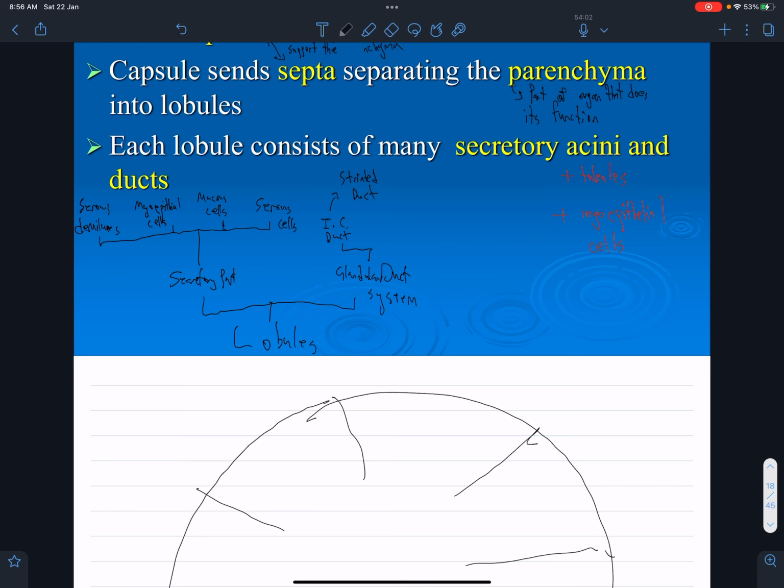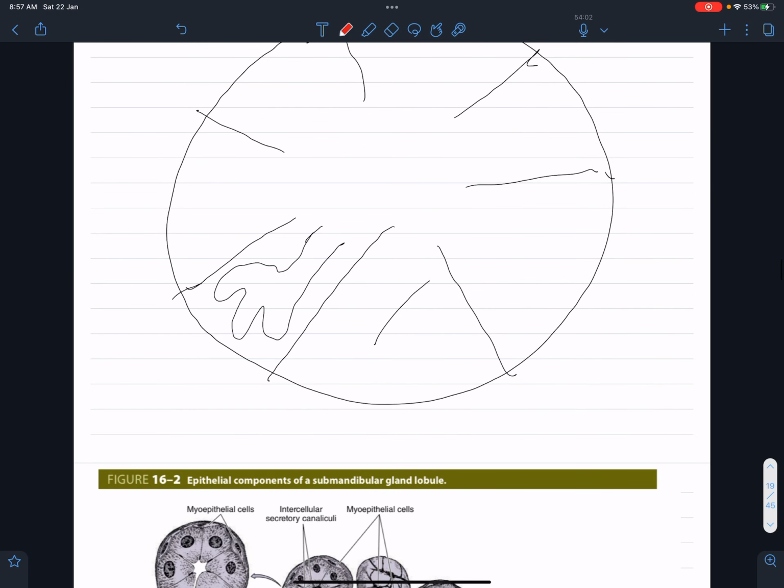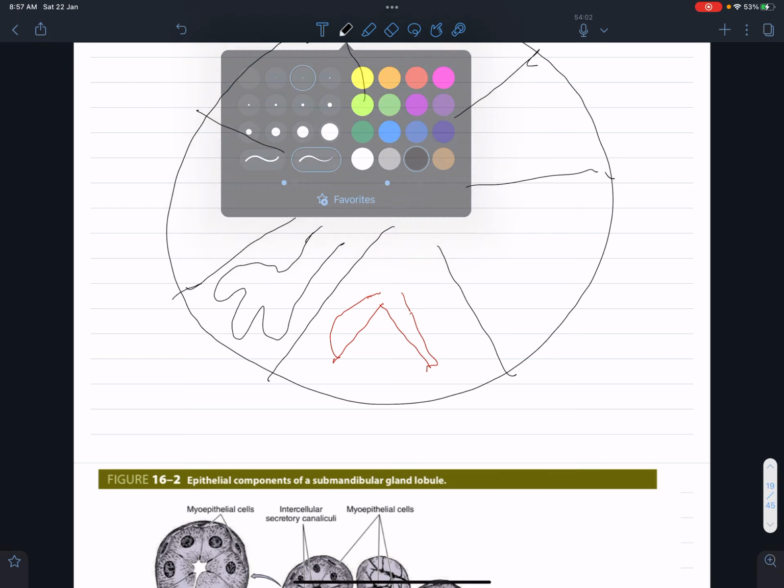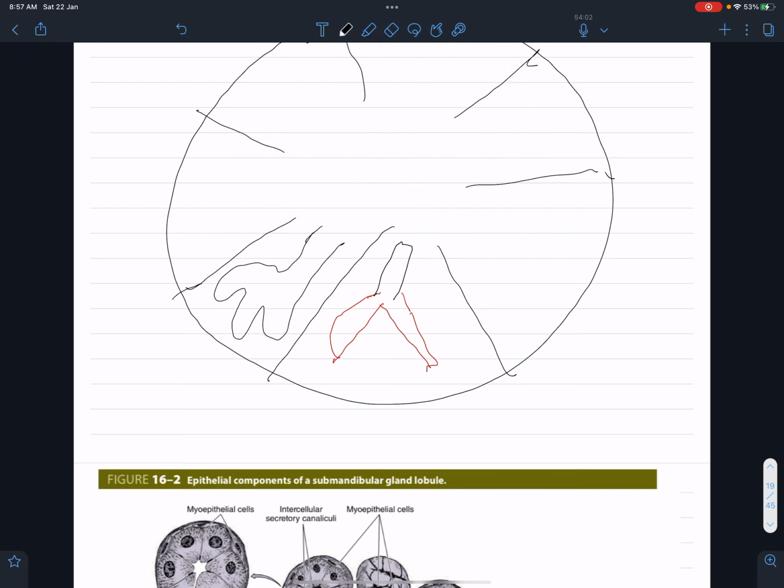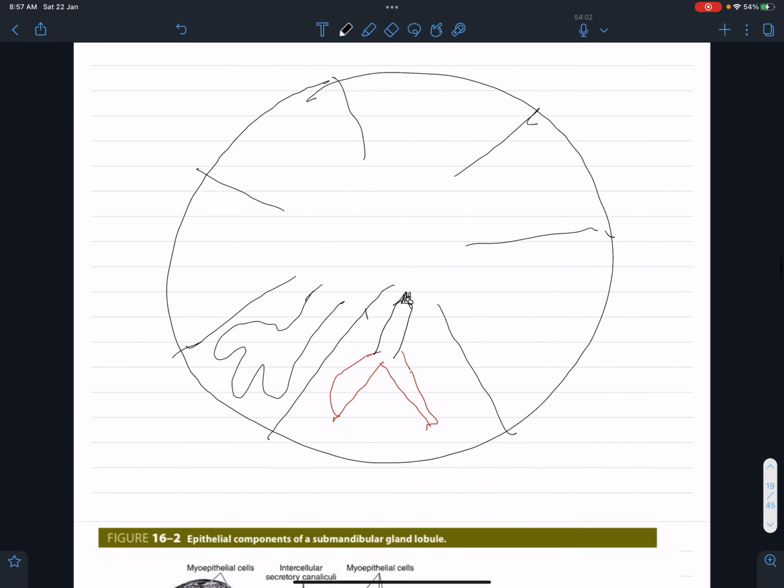Now these two ducts together, if we were to draw it for you, let's say we have the intercalated ducts right here, and they drain into the striated duct, and this striated duct will then move on. These two ducts, the striated duct and the intercalated duct, make up the intralobular duct.